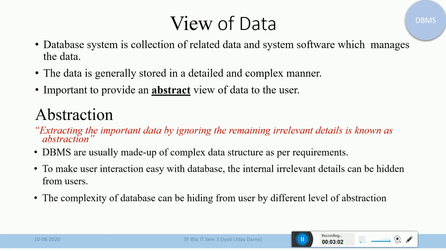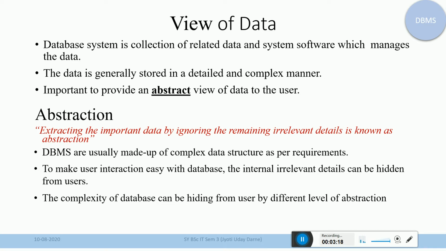The user is just pressing one button and expecting some output according to the action. So the database system ignores all irrelevant data from the user and shows only the important data.